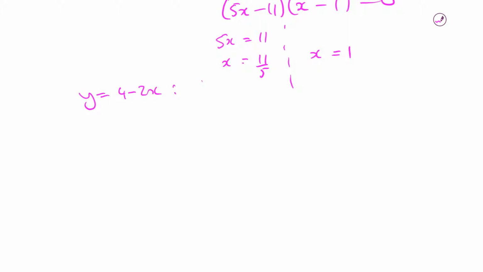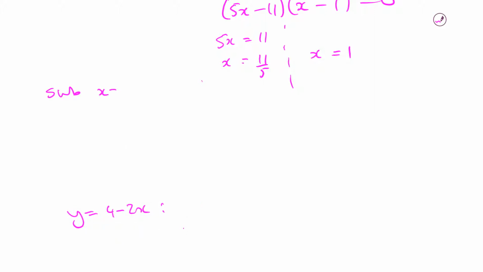That's equation 3. So you should say sub x equals 11 over 5 into equation 3. Let's write it down so you get a feel of how things should be done. I say sub, I mean substitute, which you should write.